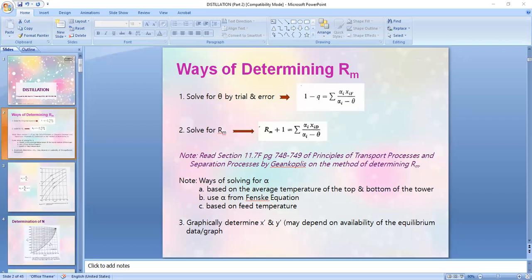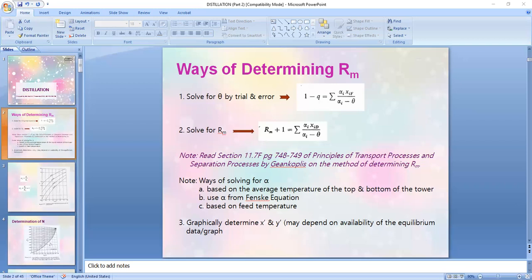Having known already the theta from step 1 in here, you determine this R sub m using this summation again. So you will still have here alpha, but this time in the numerator, instead of multiplying your alpha, whatever that alpha is, alpha A or alpha B, with the mole fraction in the feed, this time you're going to multiply it with the mole fraction in the distillate.